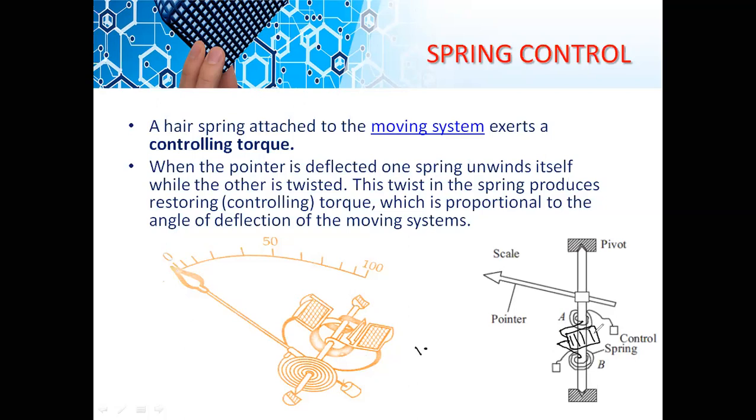Because of the coil movement, the spindle moves, and the coil end is attached to the spring with a rigid contact, so it is moving, but the other end of the spring is not moving. It is going to the end terminals of the meter box. As I said, the meter box will have two terminals from where you can connect it to an external circuit.